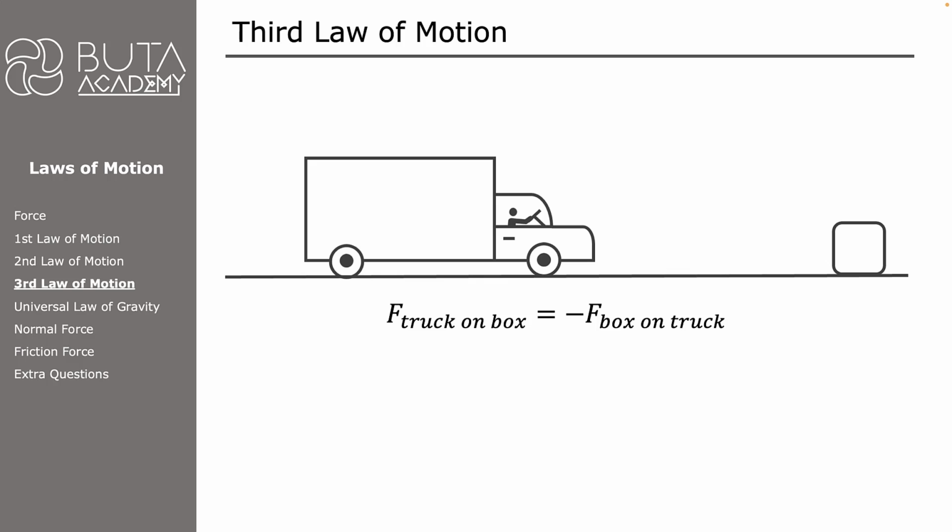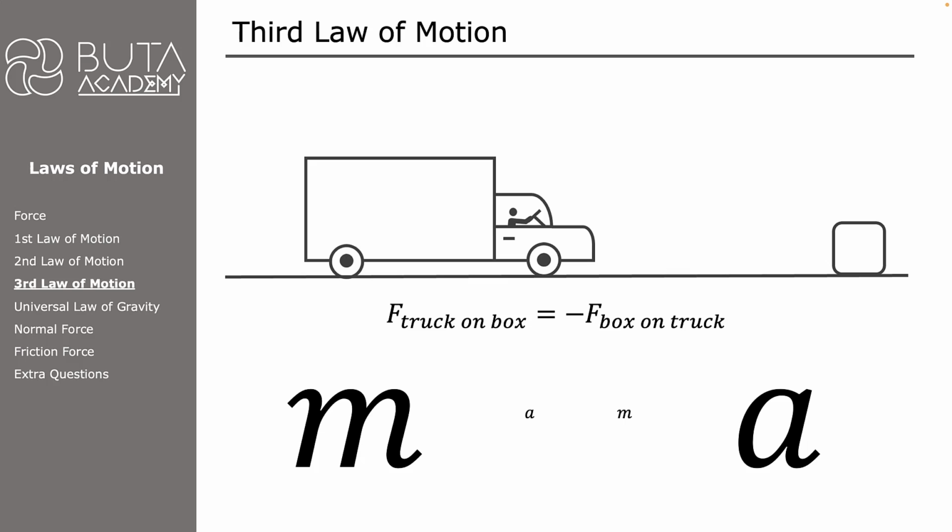Let's try to visualize this equality in a layman manner. Let's write down the masses of the two objects. The mass of the truck is way greater than the mass of the box, so we will type it with a much bigger font. On the other hand, the truck is just slowing down a bit, which means its acceleration is very small compared to the acceleration of the box.